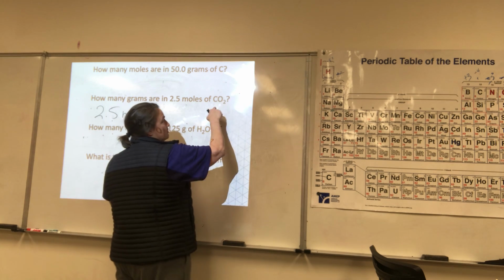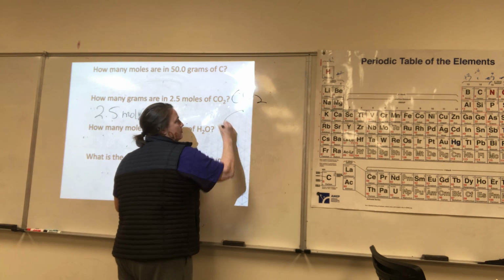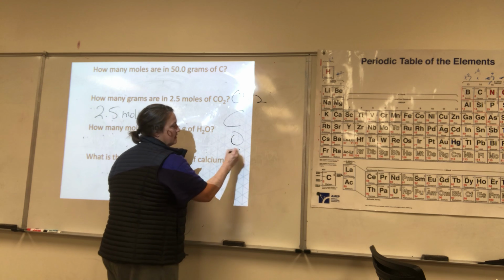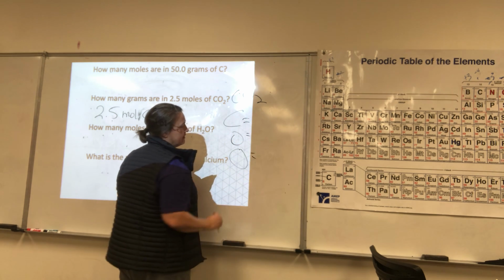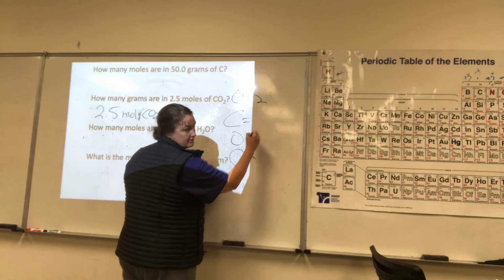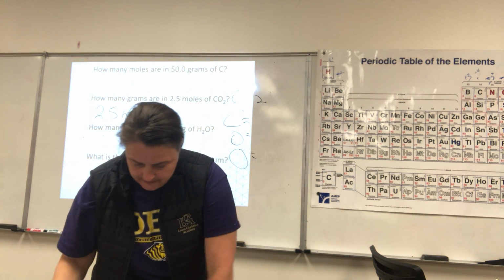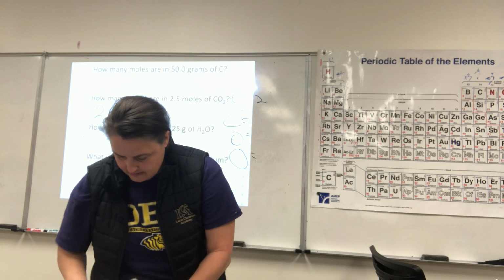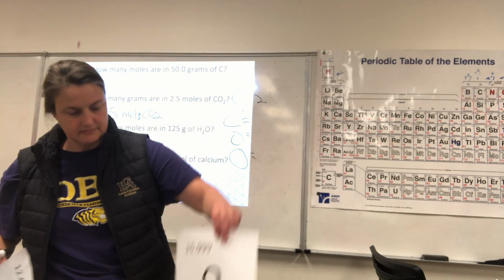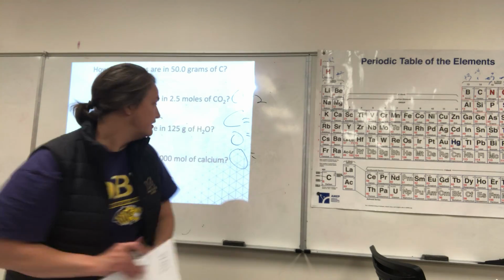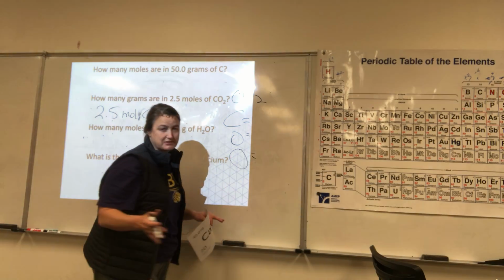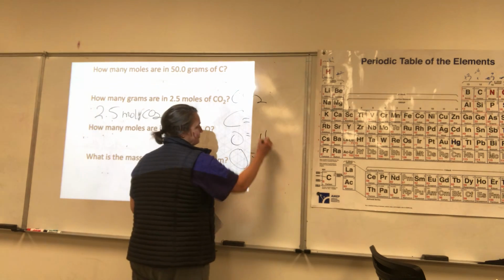We know that in carbon dioxide, we have 1 carbon and we have 2 oxygen. Well, what's the molar mass of these? We know that oxygen from the PTE is 15.9999. So for purposes of easy math, let's just say 16.